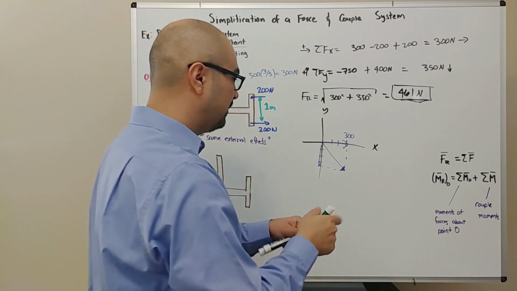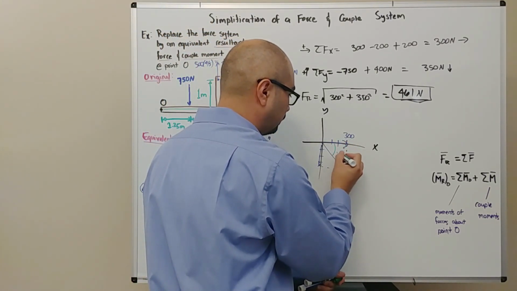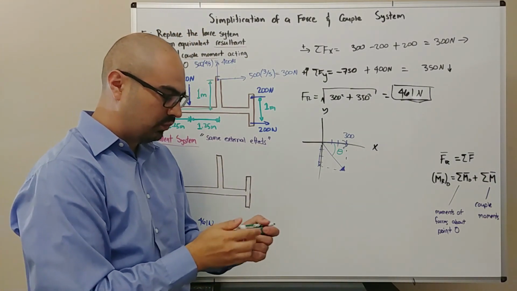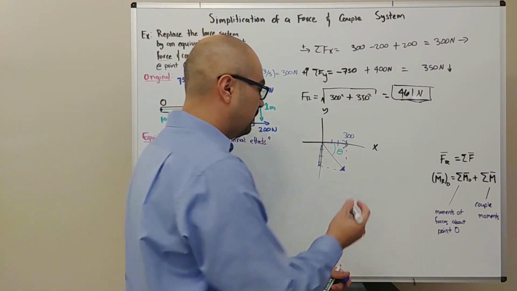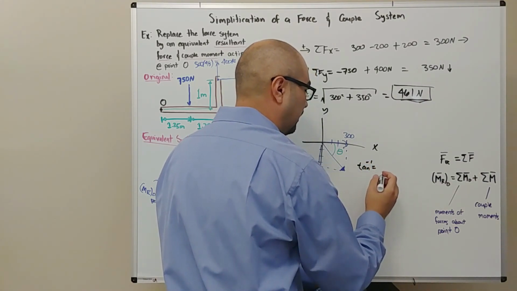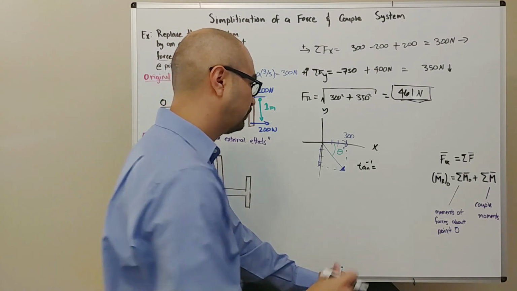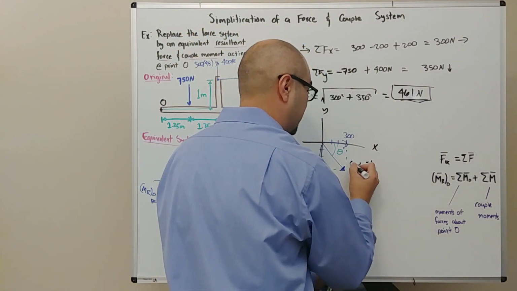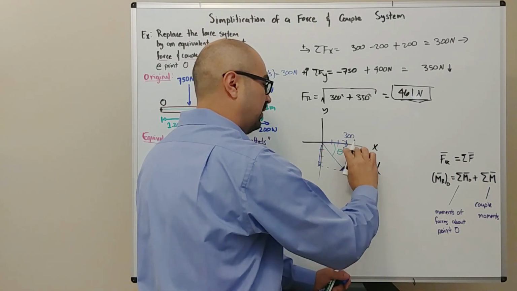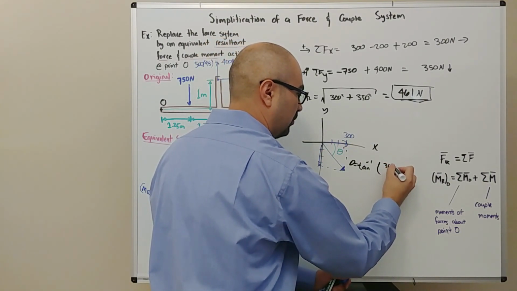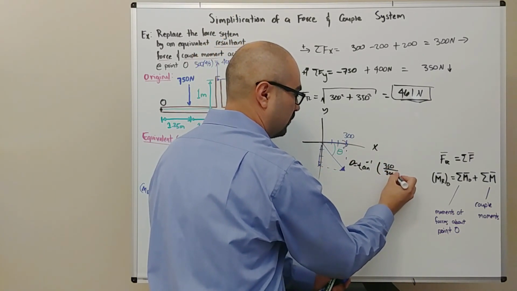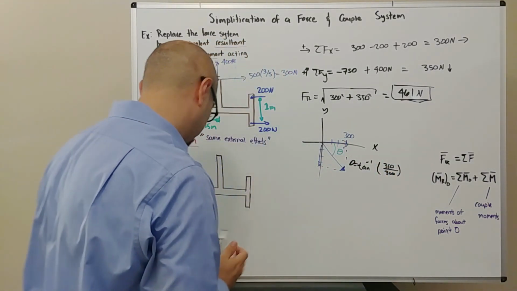If we want to figure out this angle theta, given with the x-axis, right? We can do so by using SOHCAHTOA, by taking the inverse tangent. So theta equals inverse tangent of my opposite. So what's my opposite? 350, and my adjacent leg, which is 300.